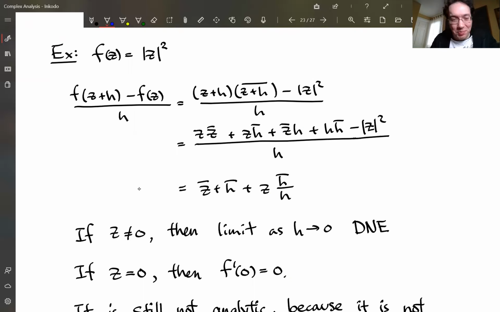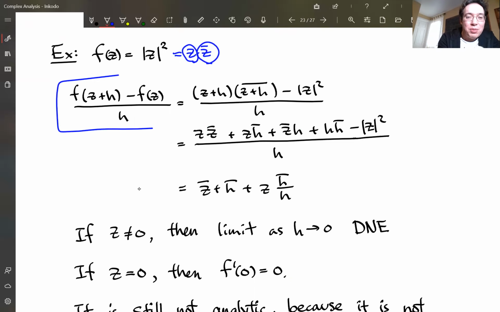Let's investigate. Another way to think about this is that you could think of the modulus squared function as z times the complex conjugate z. We know z is differentiable, z bar is not. We can't use the product rule because one part of it is not differentiable. So you might guess that maybe it's not differentiable. Let's see what happens.